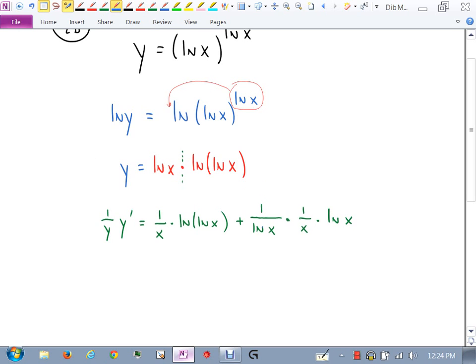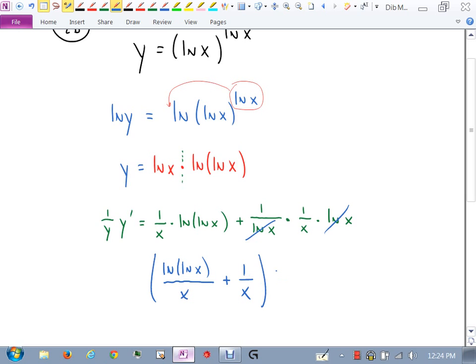And these natural log x's cancel because they're separated by multiplication. And so you have natural log x all over x plus 1 over x. That's all that's left over there.